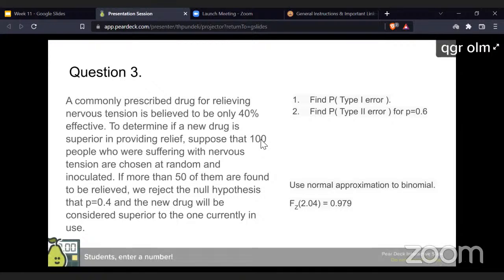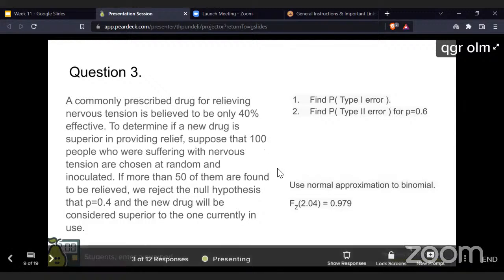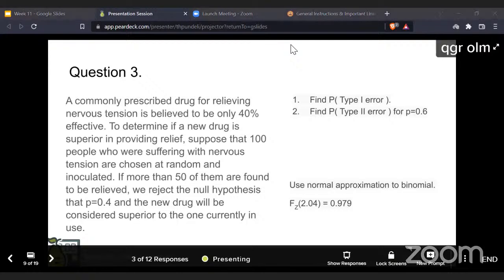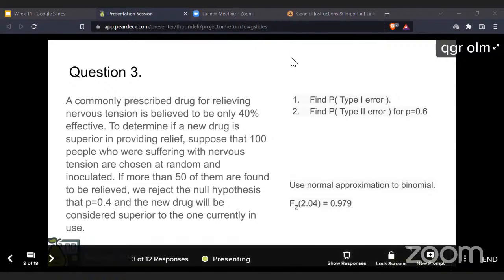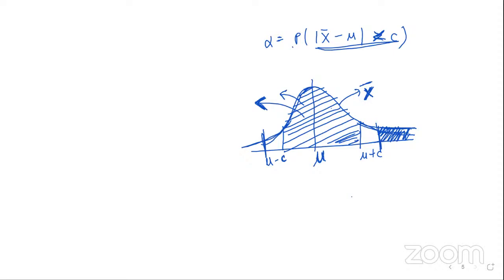So here P and X bar are the same. Basically, if I'm writing X bar, it means X1 plus X2 plus up to X100 divided by 100, and each of the Xi is Bernoulli.